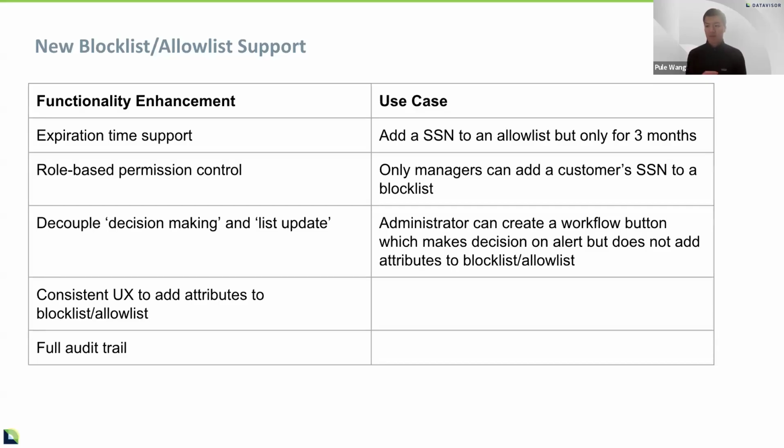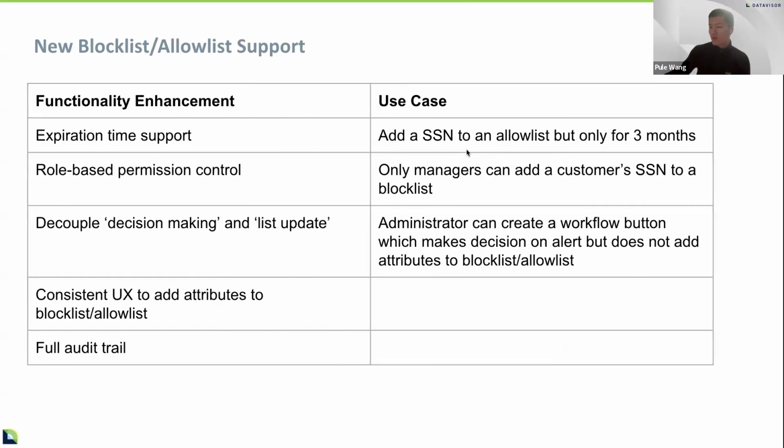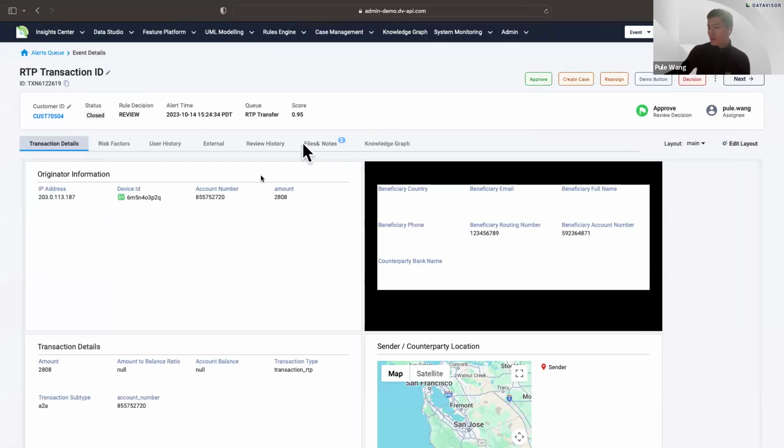In the past, if you clicked on a decision, the update list UI would be there, but in the latest release, you can just click on a button to make a decision on the customer or the alert without seeing the list updating UI. Let me give you a little bit of a demo.